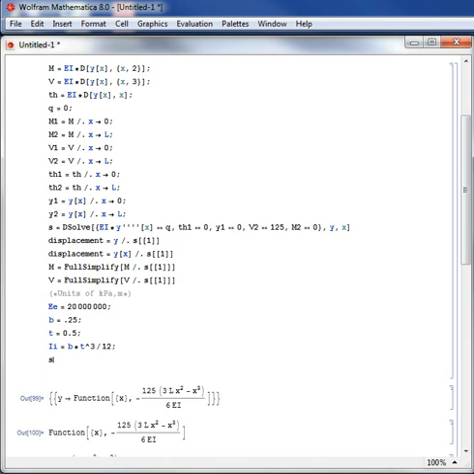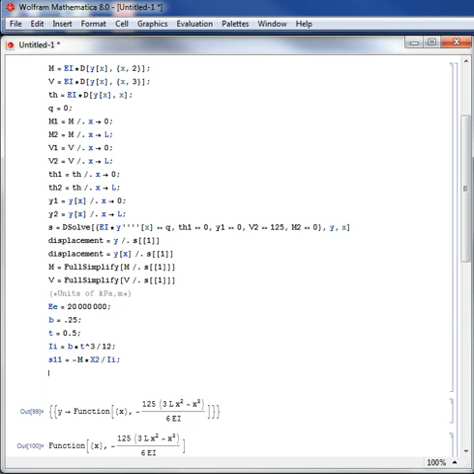Sigma 11, S11, is equal to negative the moment multiplied by x2 divided by I. So this is the value of S11.